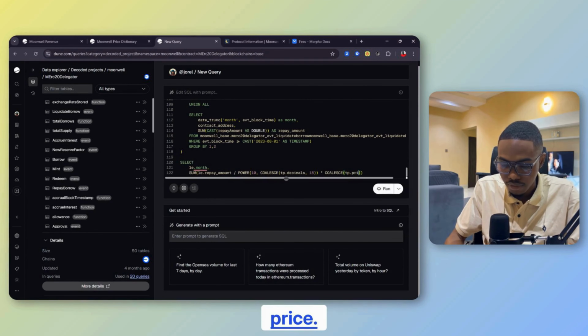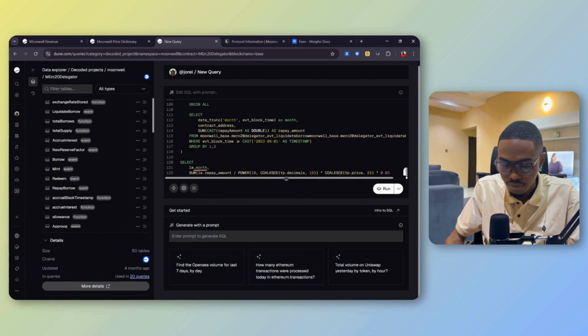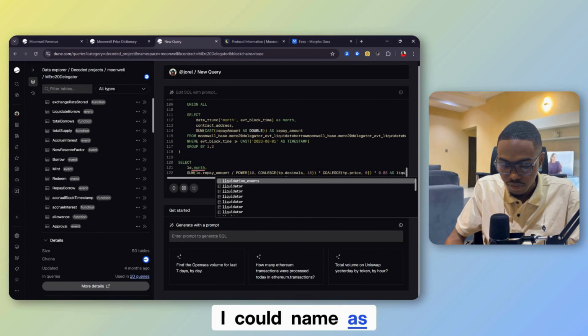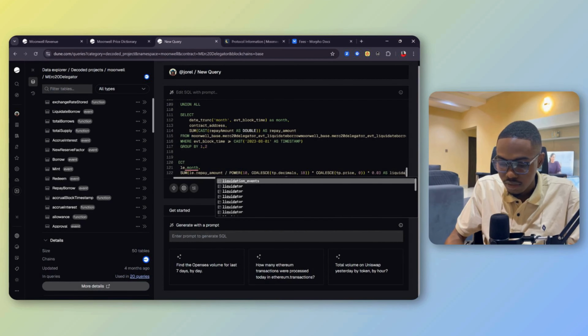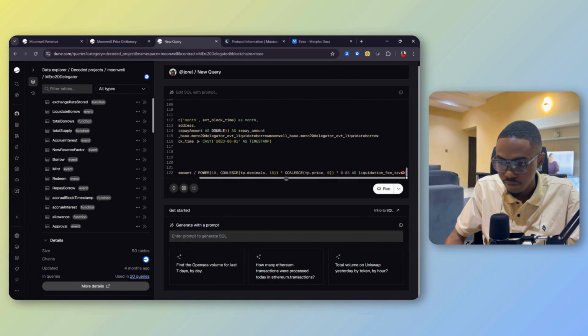Then multiply all of this by 3%, which is 0.03. I'll name it liquidation fee revenue.